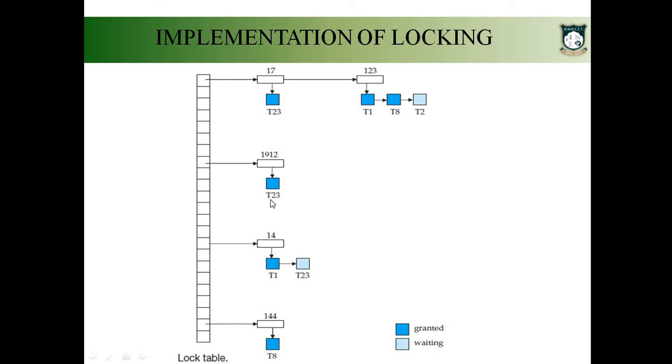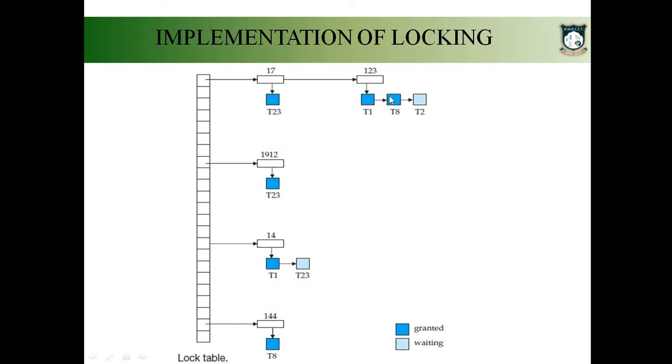T23 may have locked it in shared mode. Now, if the requested mode is also shared mode, then the already locked mode and the requested mode are both compatible. If it is compatible, the data item can also be locked by the transaction T11. Suppose that mode is not compatible, then the transaction has to wait.